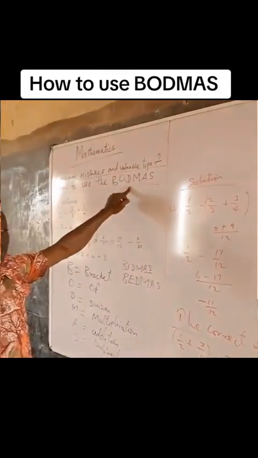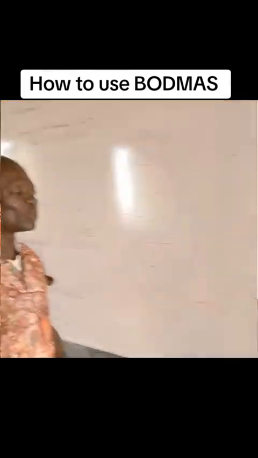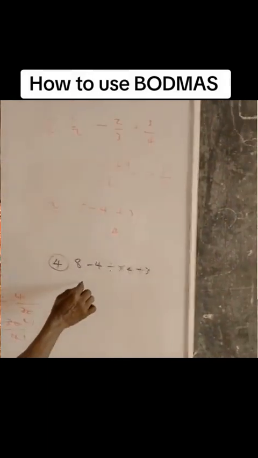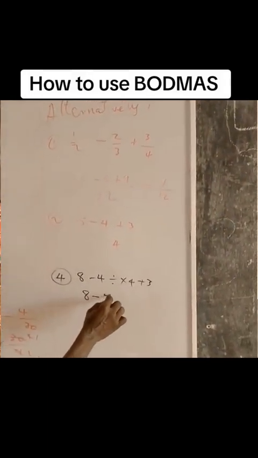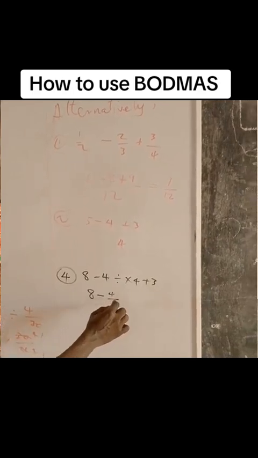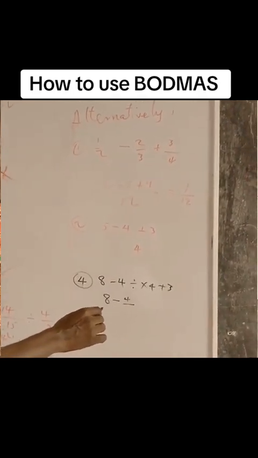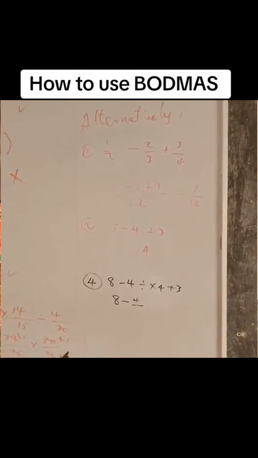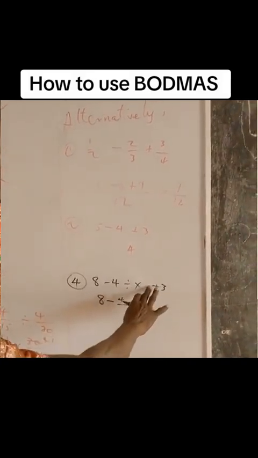Yes, we have division there. Immediately we write this question now as 8 minus 4 over 2. Yes, this is 2, isn't it?